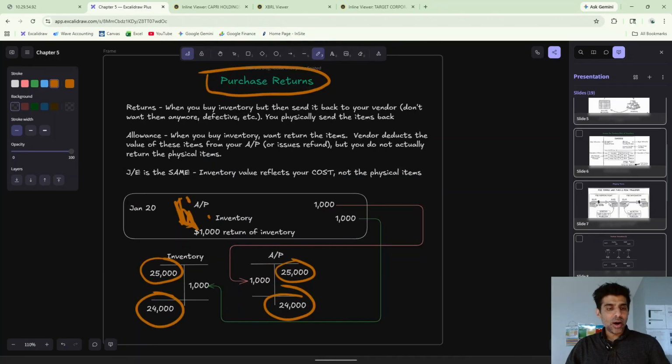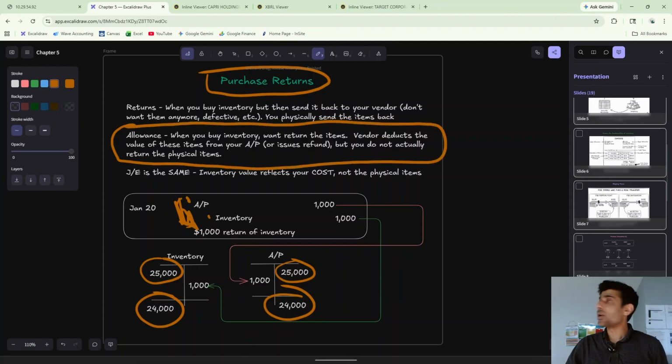Now, there's another thing called an allowance. The difference between a return and an allowance is whether you keep the items. A return is when you actually physically give the items back. An allowance is like, I don't know if this has ever happened to you, where you order something on Amazon and it's the wrong thing, and you call in and say, hey, you sent me the wrong thing.